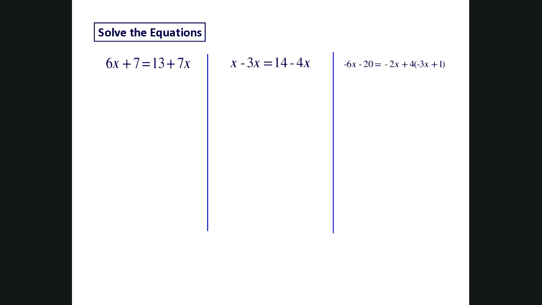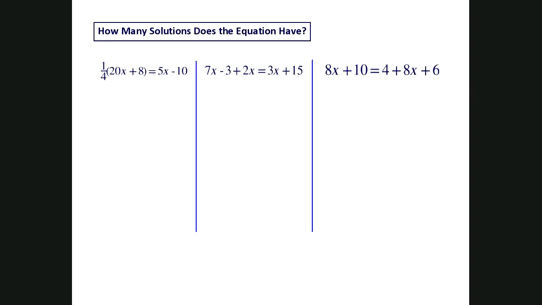Solve equations. How many solutions? It looks about equal. Addison maybe tipped it over into the solution side.